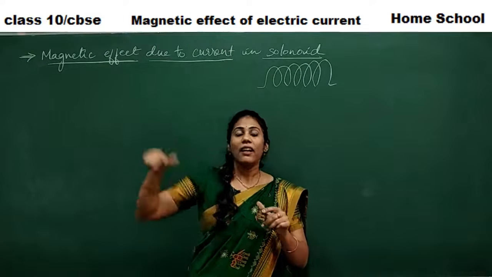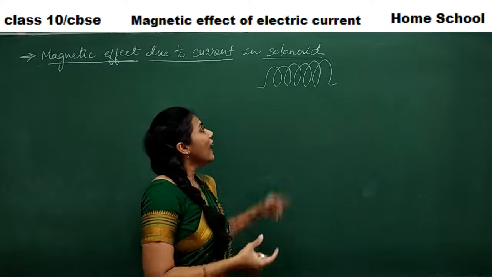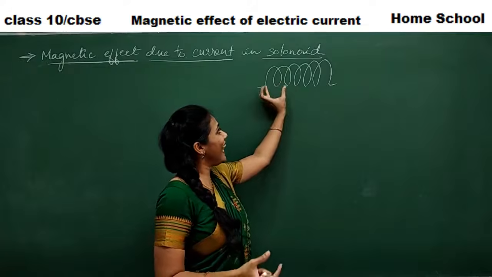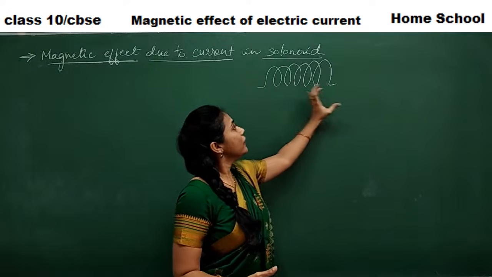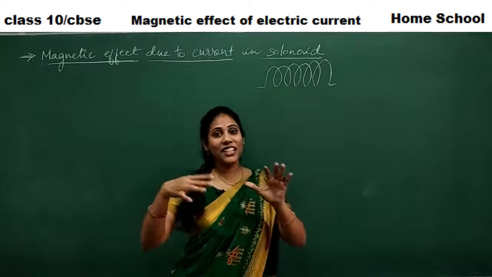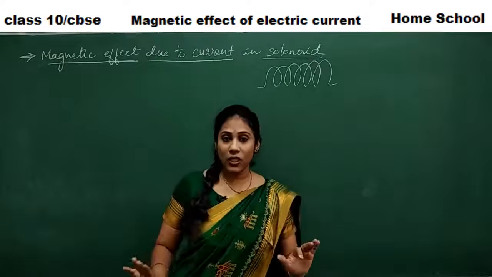It will have many coiled turns. Just like that, a copper wire that is coiled and has many circular turns looks just like the shape of a cylinder. That is what we mean by solenoid.